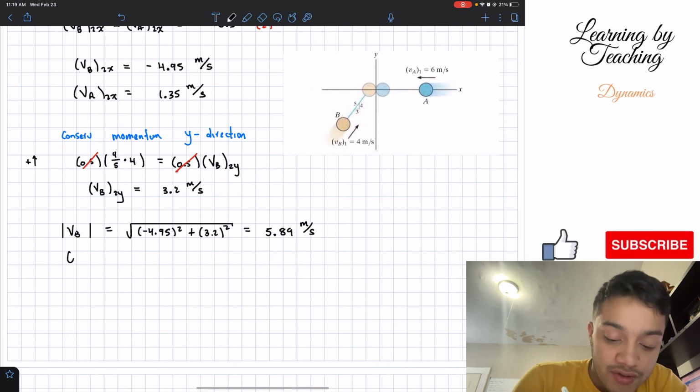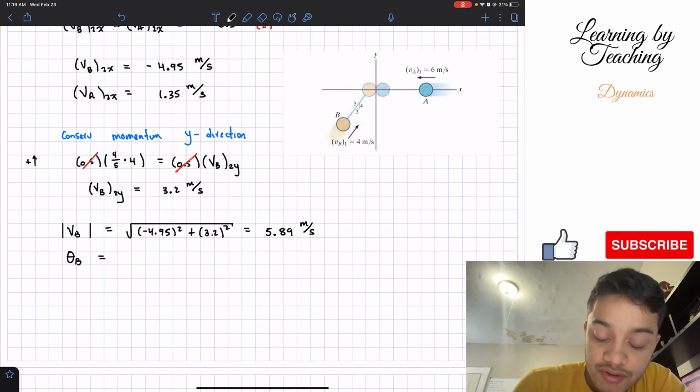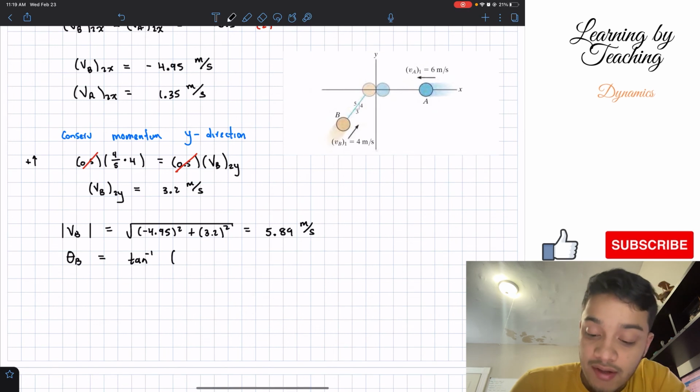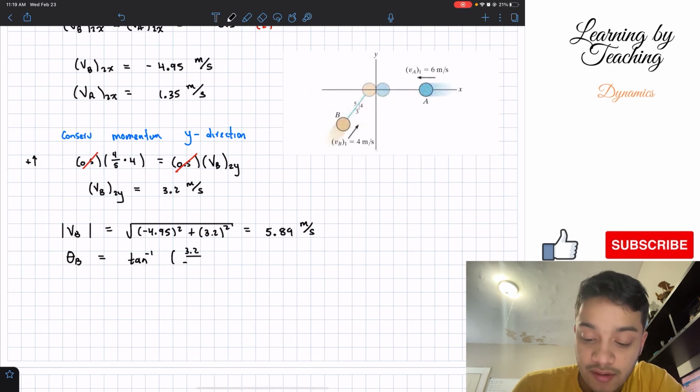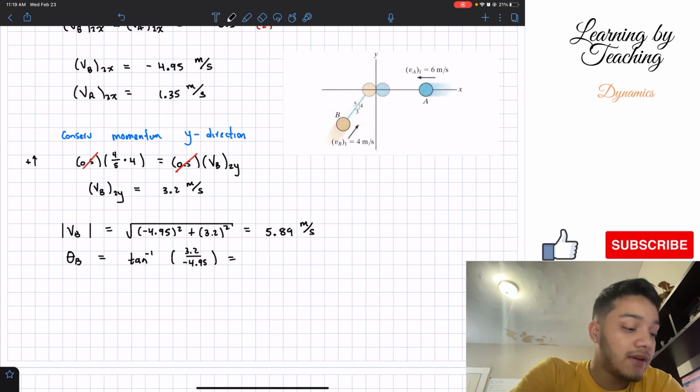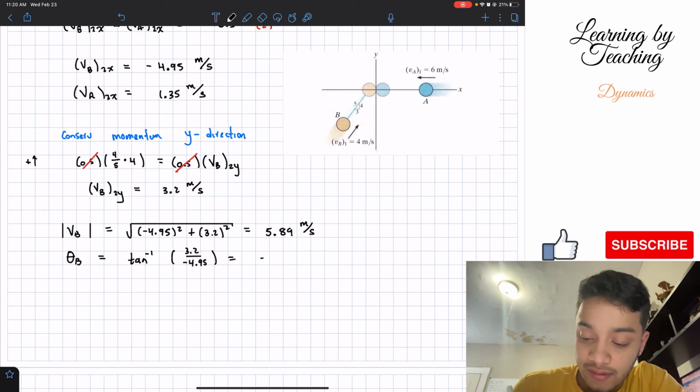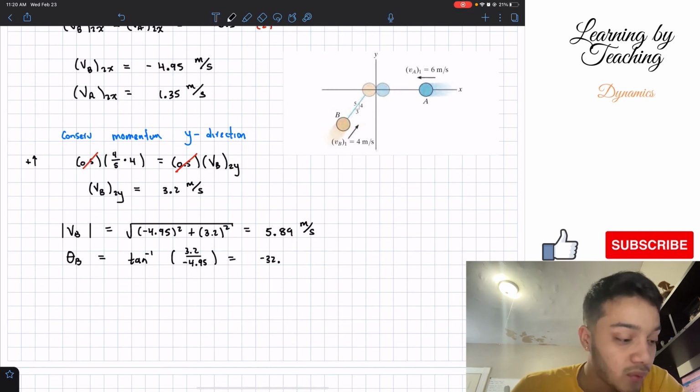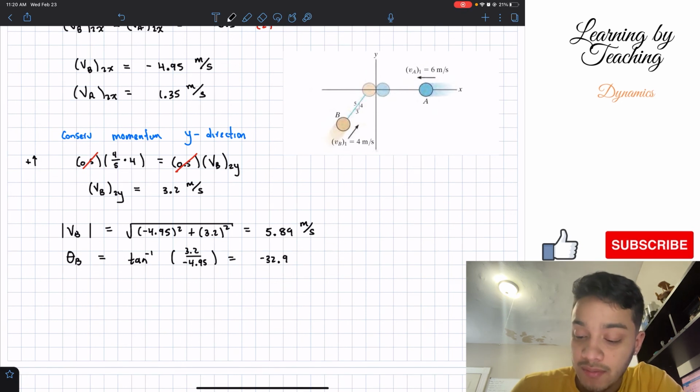Its direction, we're going to call it theta of b, is going to be equal to the inverse tangent of the velocity in the y direction, which is 3.2, divided by the velocity in the x direction, negative 4.95. And when we do this, we will have a negative value of -32.9 degrees if we round to 1 decimal place.